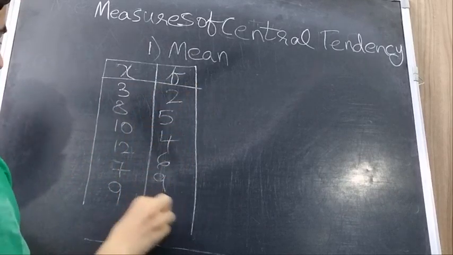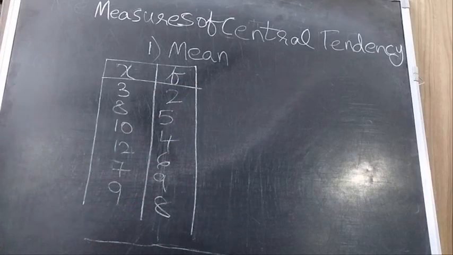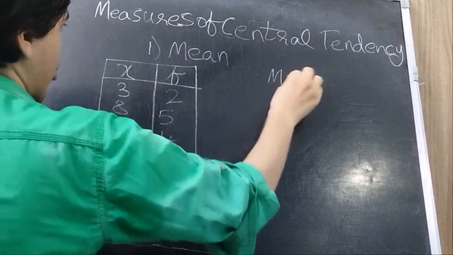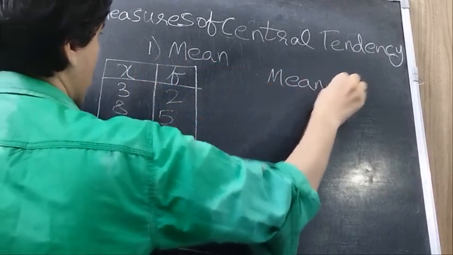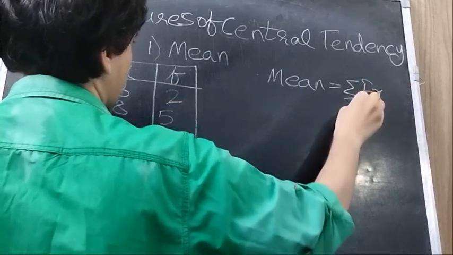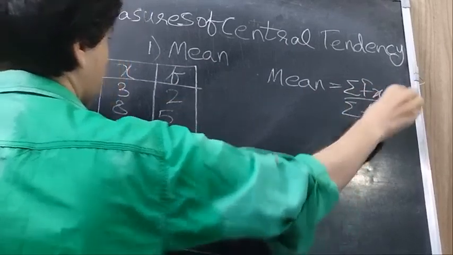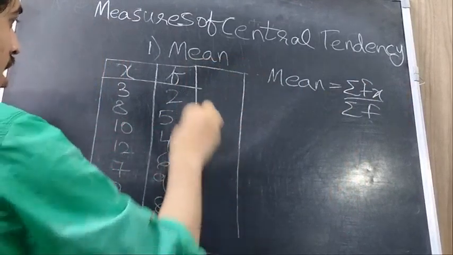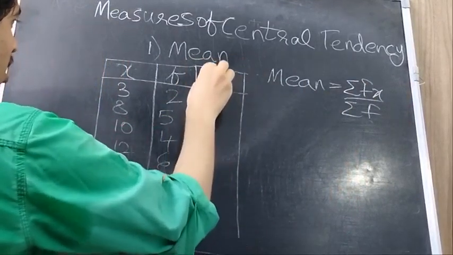So the mean formula in discrete series is mean is equal to sigma fx by sigma f. What is the formula? Sigma fx by sigma f. Here fx is the multiplication of f and x.